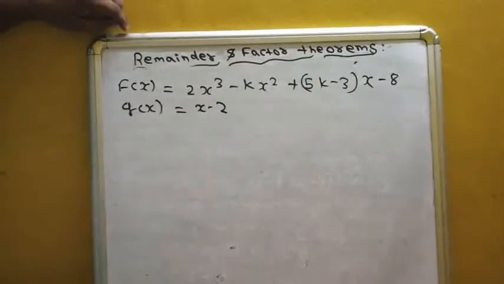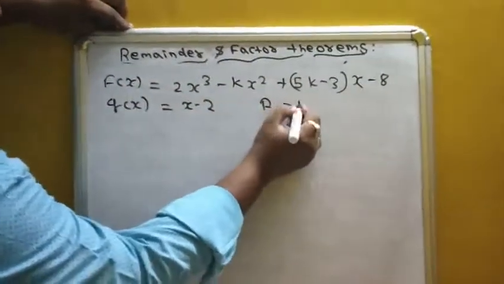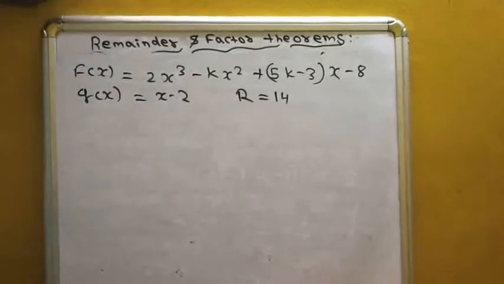When you divide this one, the remainder you are getting is 14. How much? 14. Like that you saw.